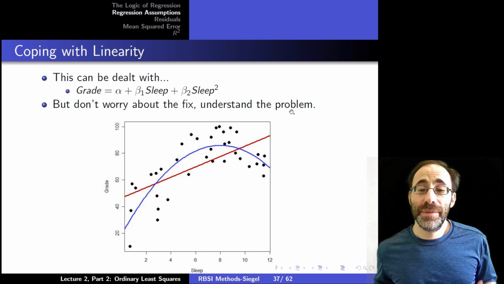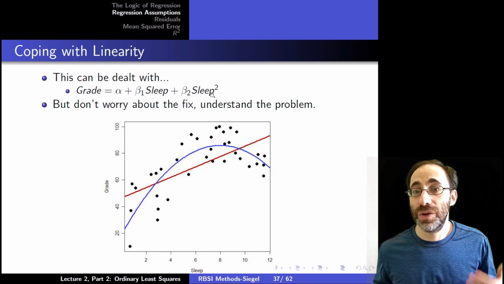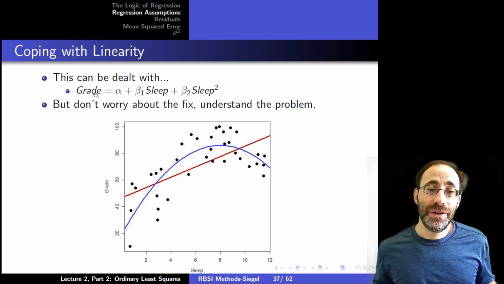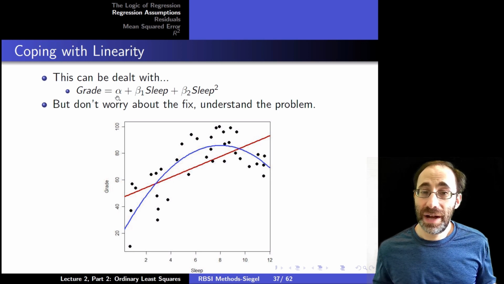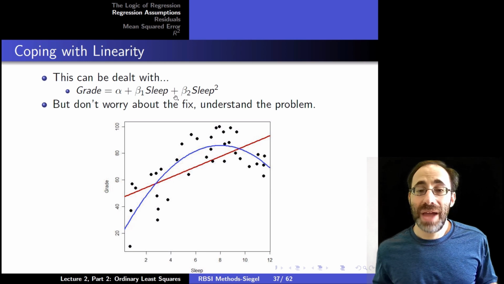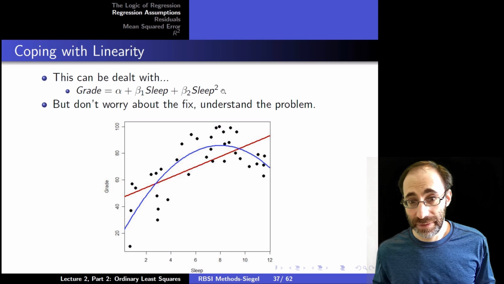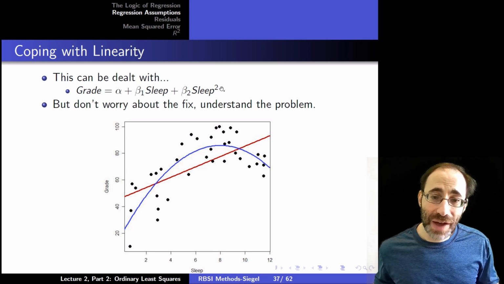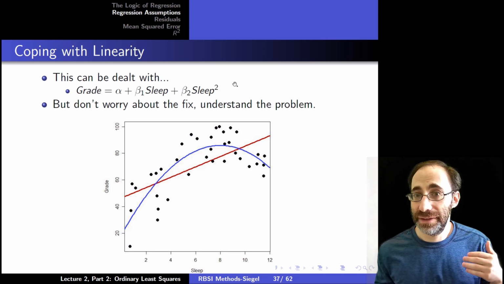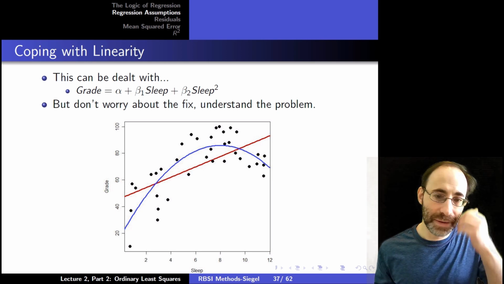So we can deal with this potentiality by adding a squared term. So now instead of saying that the grade is equal to a constant plus a beta times your sleep, we add a beta 2 times your sleep squared. We'll get to why that works in the next lecture, in lecture 3.